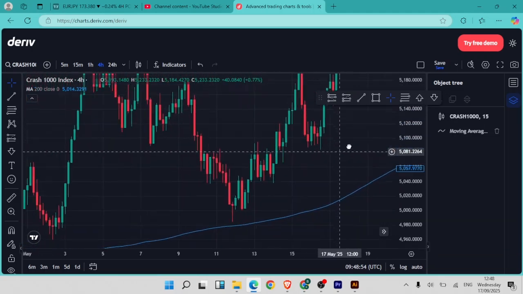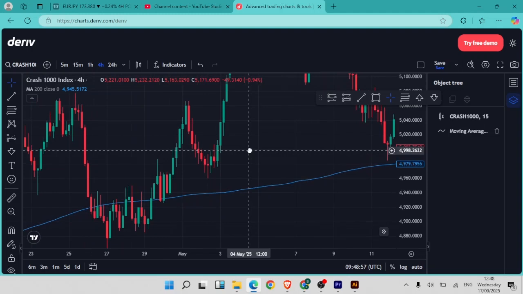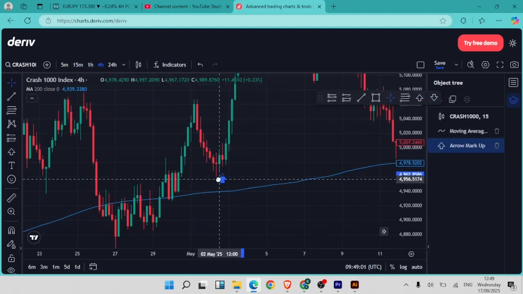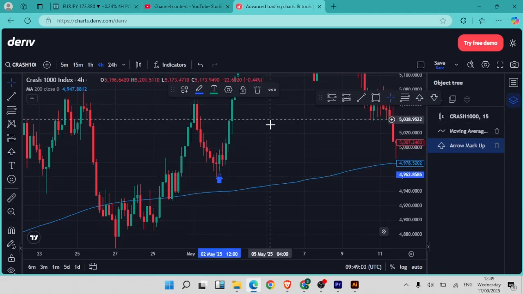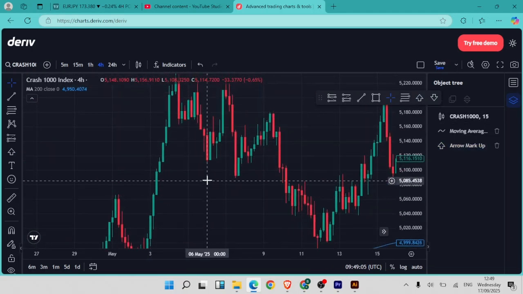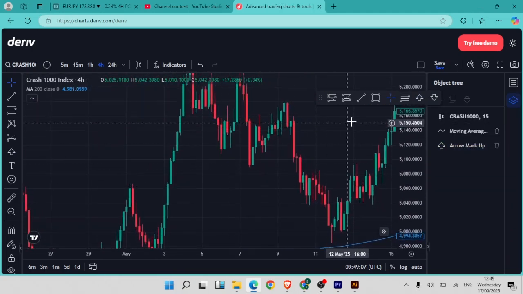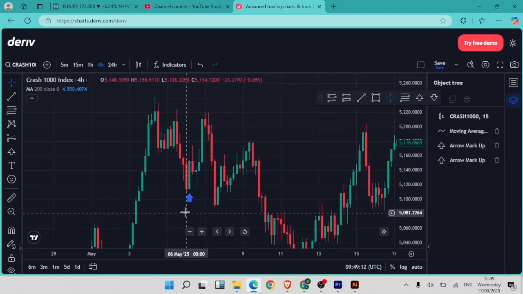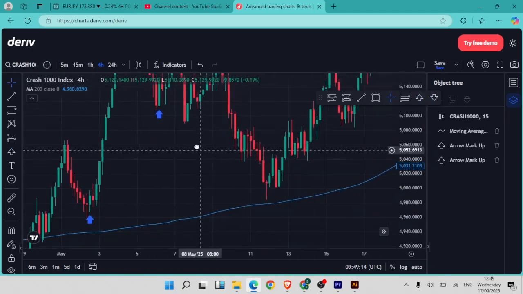For example, let us try and see an example. We have this one, right? This candle closes bullish, you buy, right? And any other that closes bullish, as long as you are above the moving average, you buy right there.